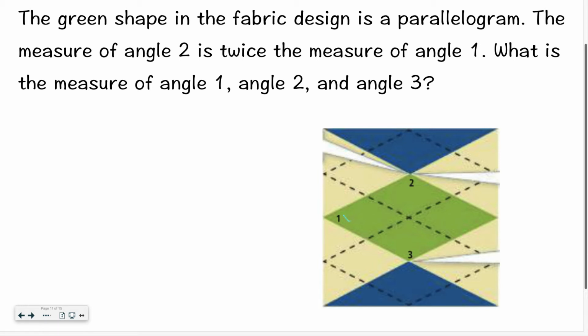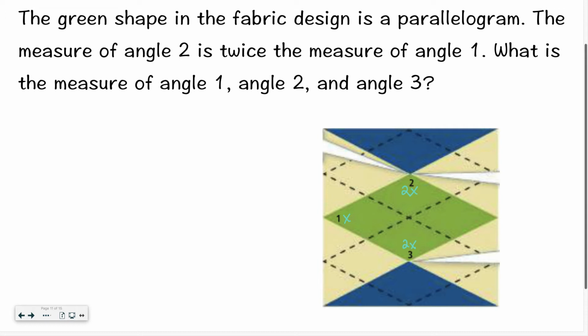So angle 1, I'm going to say is x, because I don't know. But I know that angle 2 is 2 times angle 1. And since angle 3 is opposite angle 2, I can say that that is also 2x.